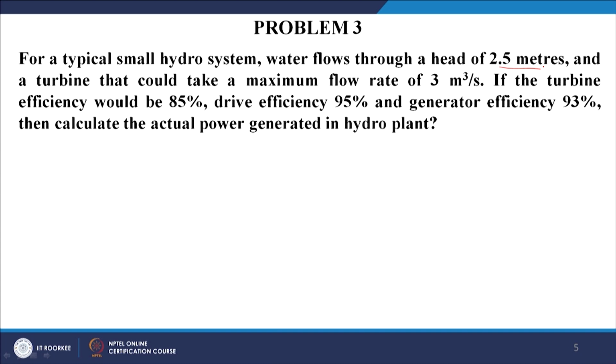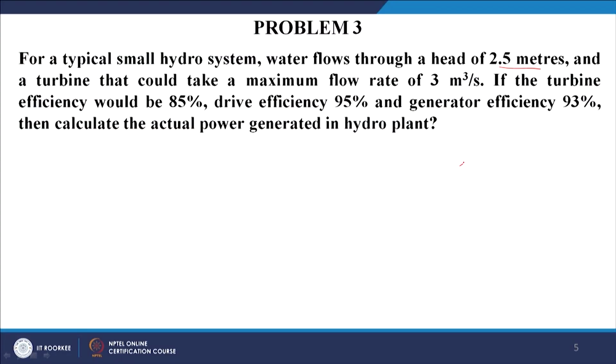Again, this is a problem based on hydropower plant, and in this case different types of efficiency have been given: the turbine efficiency is 85%, the efficiency of the drive is equal to 95%, and the generator efficiency is 93%.